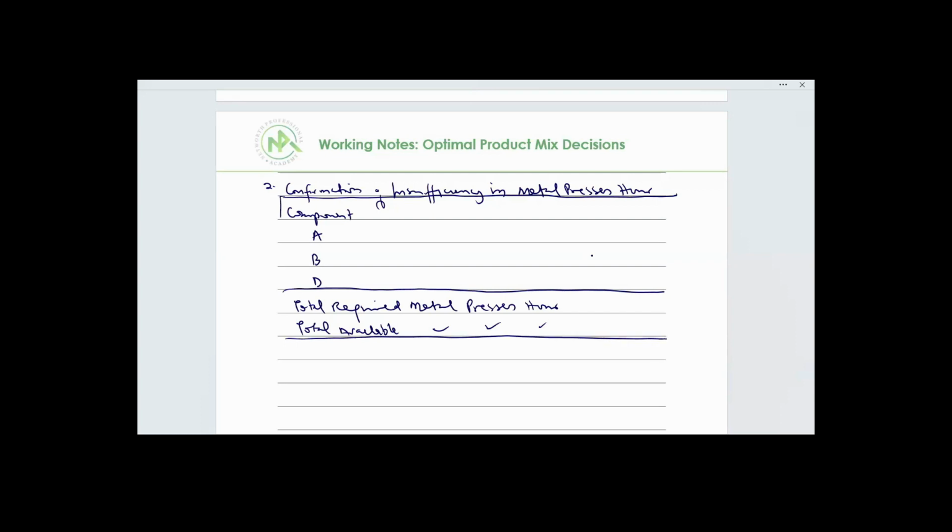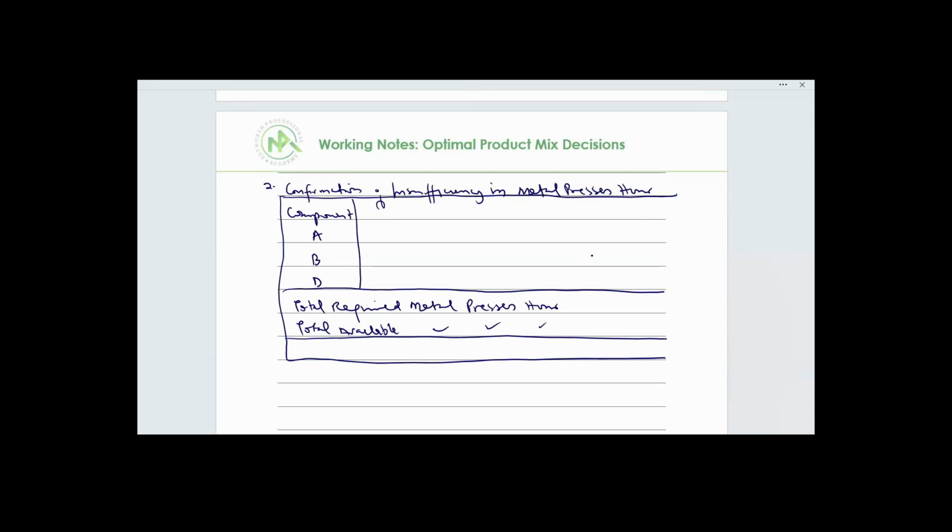So total required metal presses hour. Total available metal presses hour. Okay.